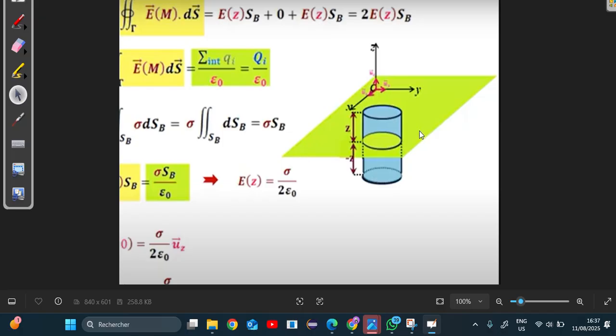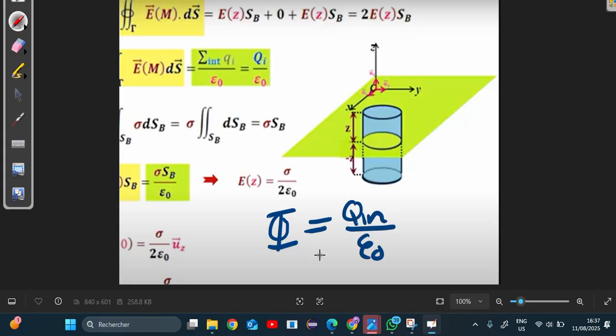The yellow part is the plan infini, and if you put a cylinder that cuts through this plan infini, the part of the plan infini that will be inside is this charge. Then what does theorem de Gauss say? Flux is equal to the charge inside, Q in, over epsilon 0. If you remember, we looked at this.